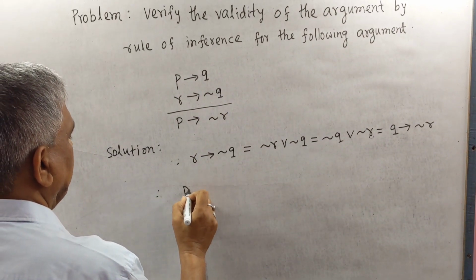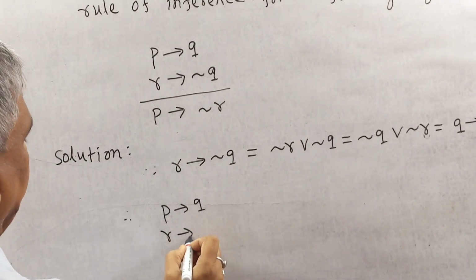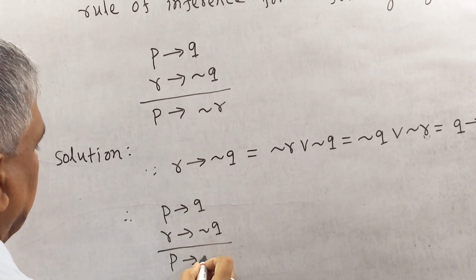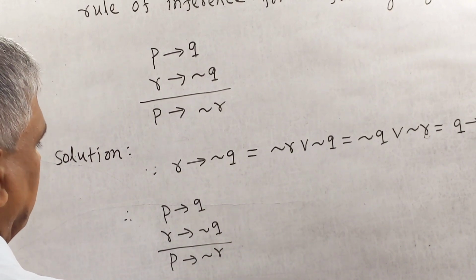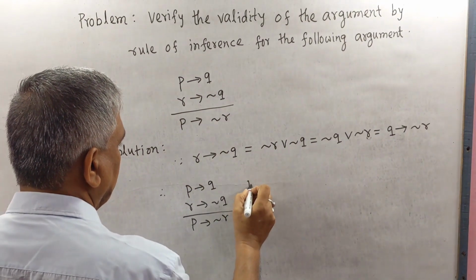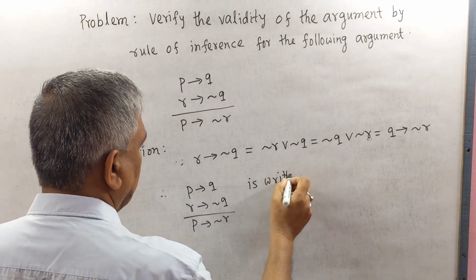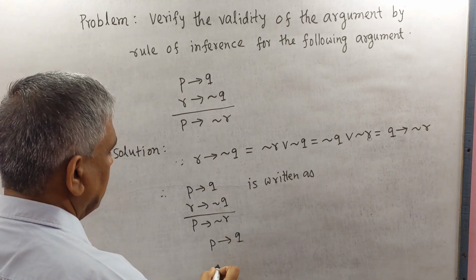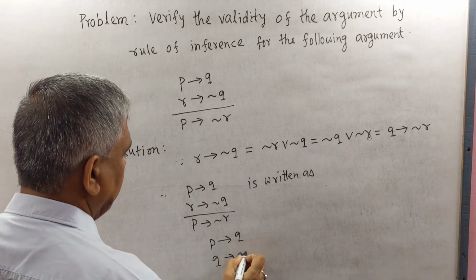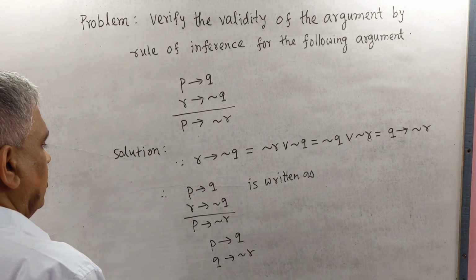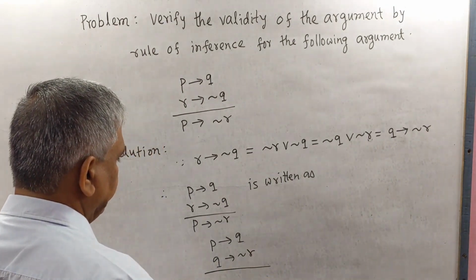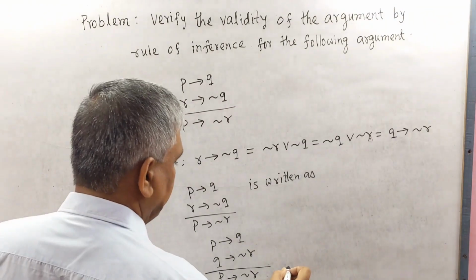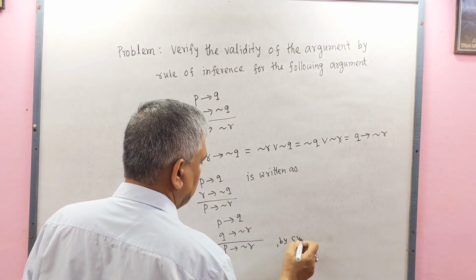Therefore, P implication Q, R implication negation Q, P implication negation R is written as P implication Q, Q implication negation R, and by syllogism, P implication negation R. This is by syllogism.